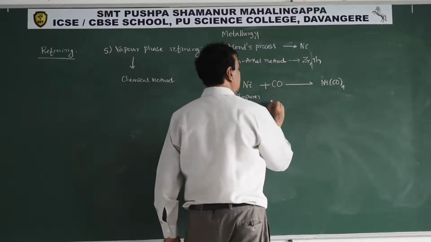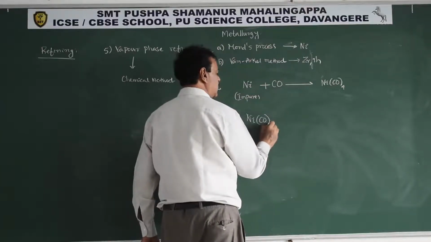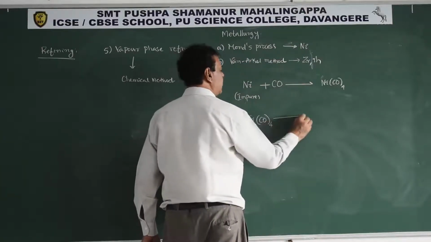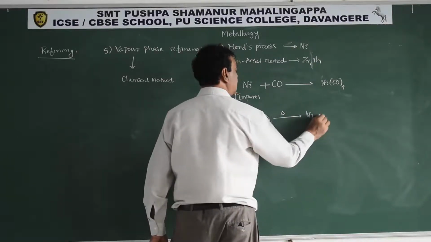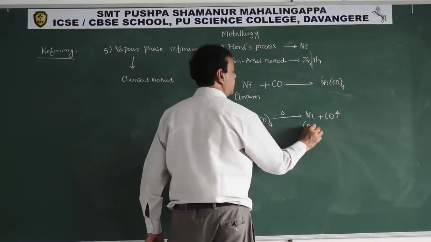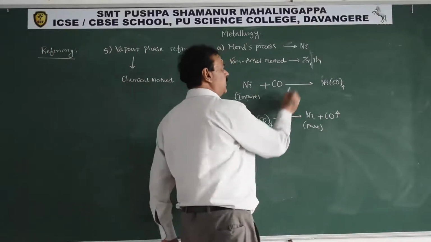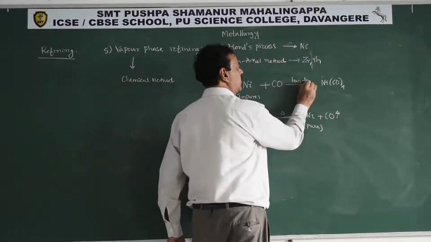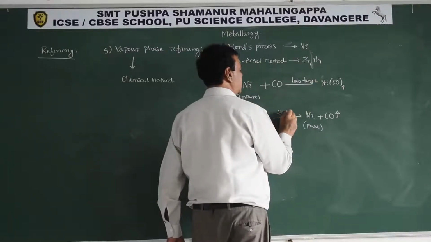When the nickel tetracarbonyl is heated at high temperature, it volatilizes to give nickel and carbon monoxide again. This is very pure nickel. At low temperature it forms, and at high temperature it decomposes.